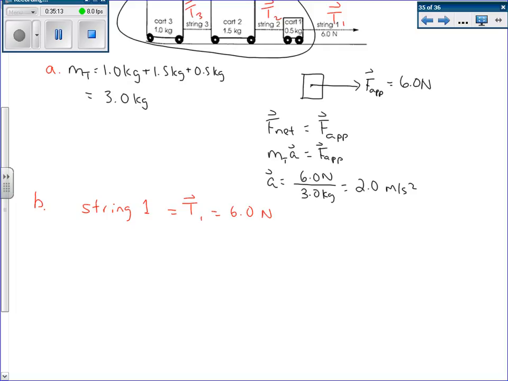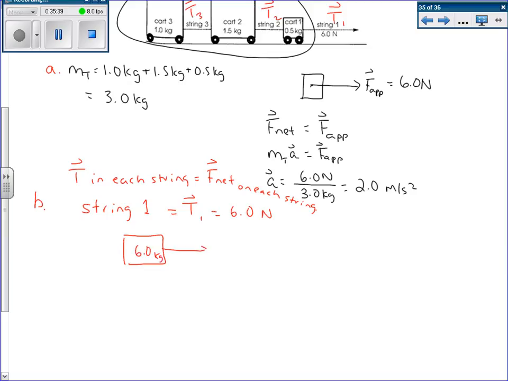The tension that you're pulling it with is basically the net force acting on everything that comes after. So the tension in each string is equal to the net force, F net, on each string. So if we look at string 1, it has to pull 6 kilograms.